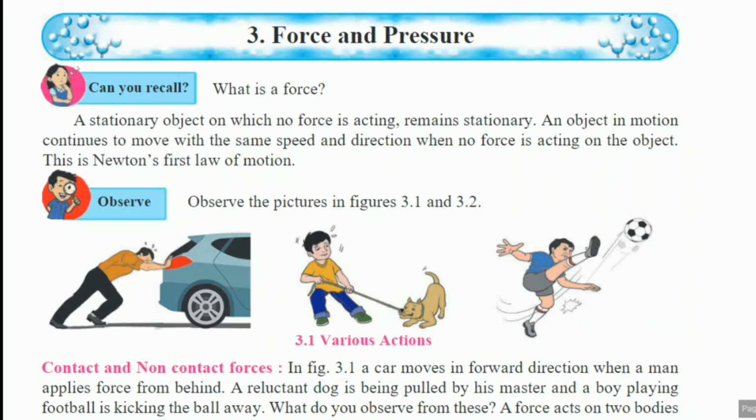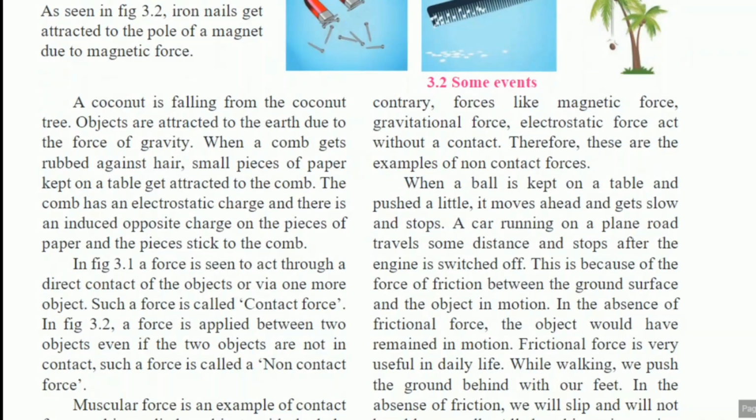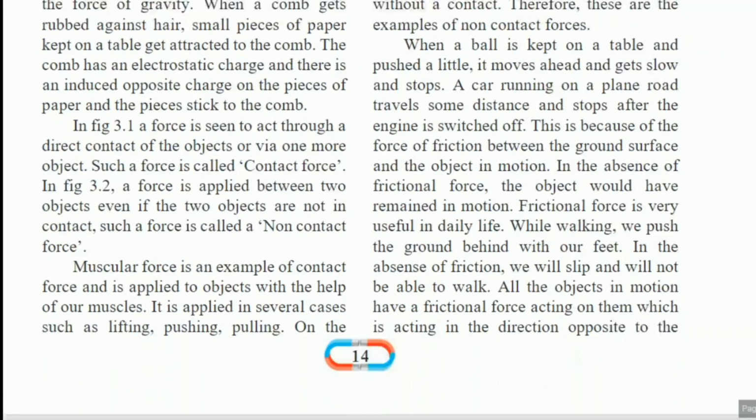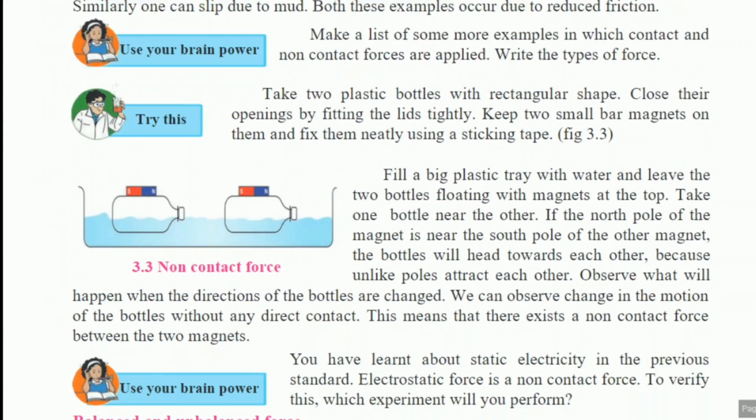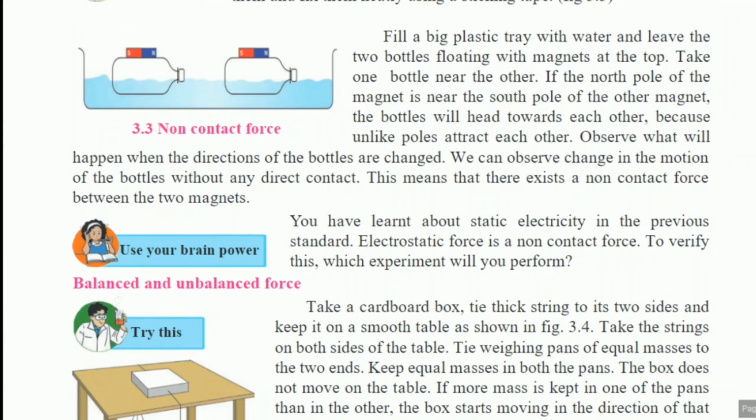Today, we will continue our third lesson, force and pressure. In the last lecture, in that video, we discussed certain points from this lesson: the definition of force, types of force, contact force and non-contact force, and the difference between them. Next, certain examples of contact and non-contact force.